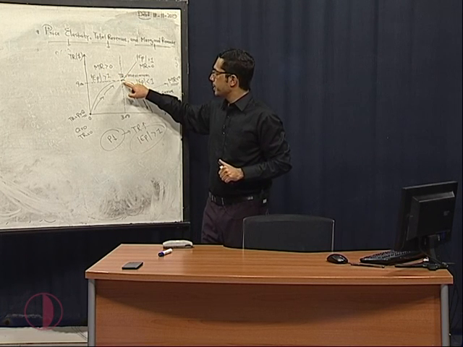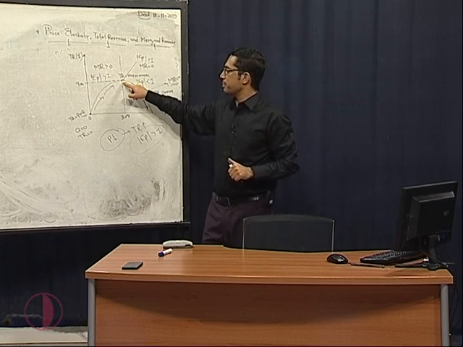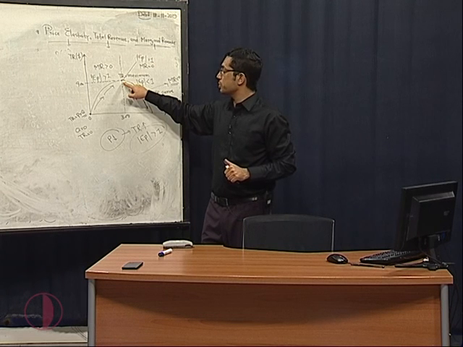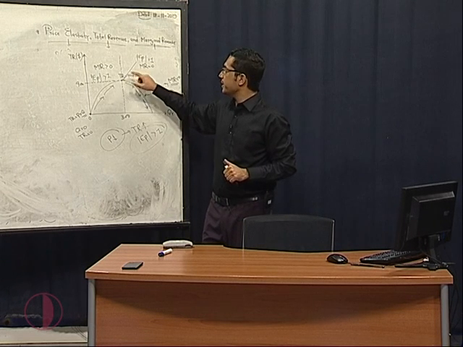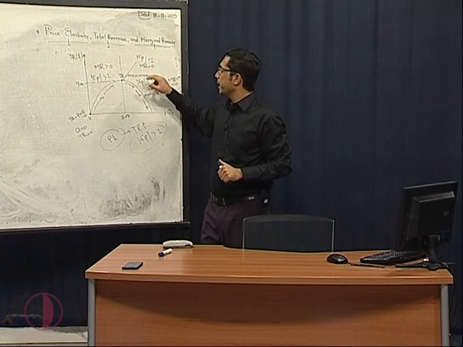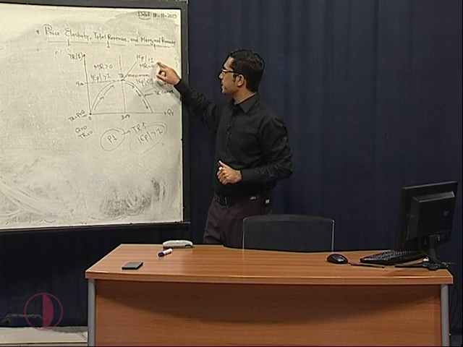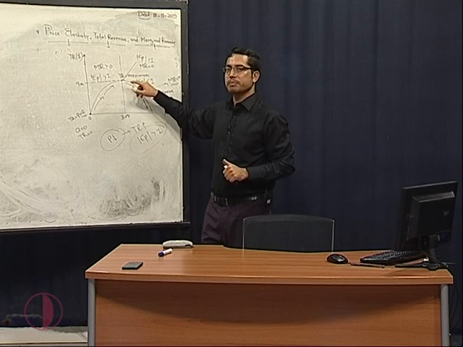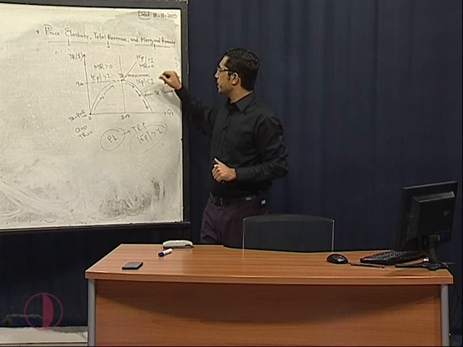At this point the total revenue will be maximum and the value of the marginal revenue will be equal to 0, and the absolute value of the price elasticity of demand is 1 as the demand is unit elastic.